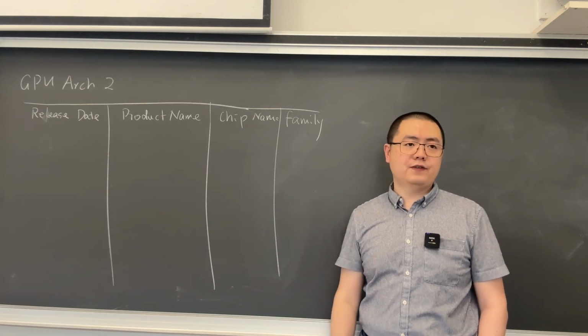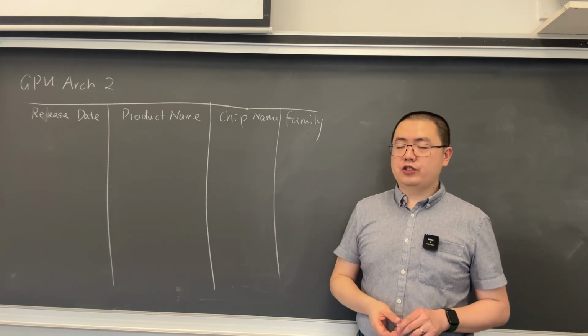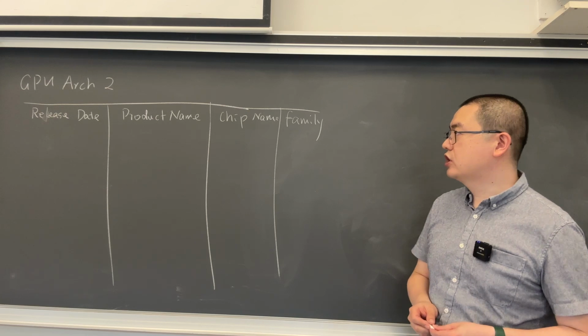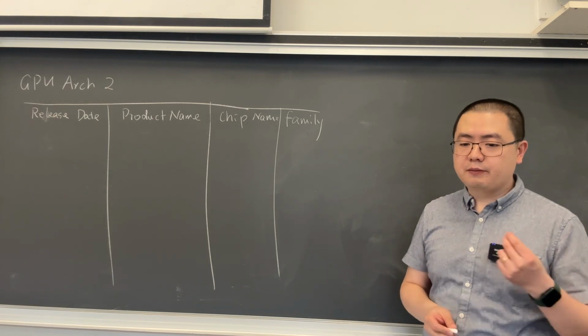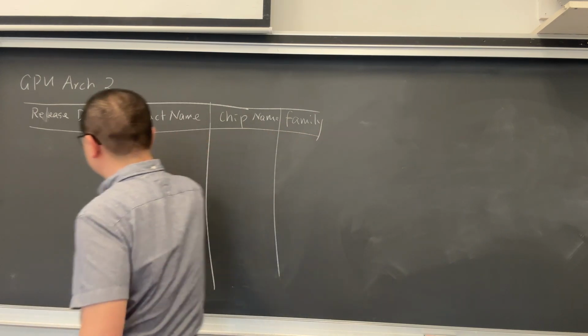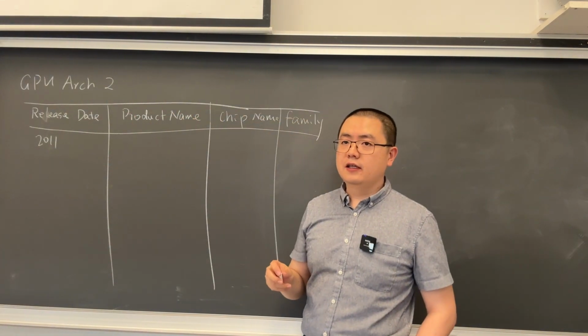But a few years after that, AMD came up with their new GPU architecture, and this is the fundamental of the GPU architecture you see in AMD today. The release date of this first product is in 2011, so basically 3 years after acquiring ATI.